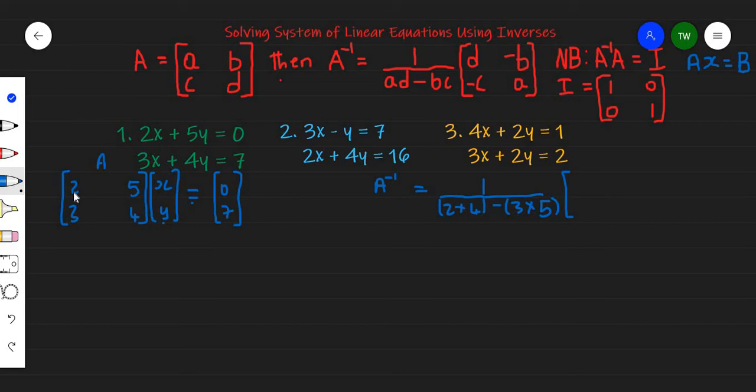So where 2 is, I'm going to put 4, and where 4 is, I'm going to put 2. Then where 5 is, instead of writing back 5, it's going to be negative 5, and it's going to be negative 3. So it's going to be 4, negative 5, negative 3, and 2.